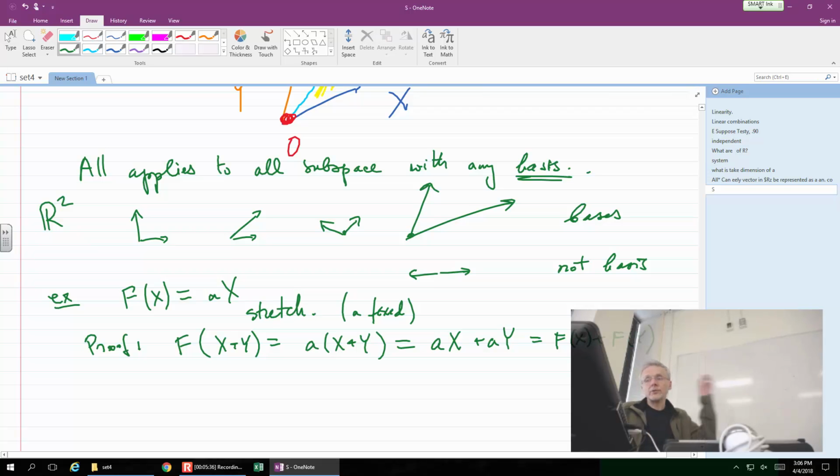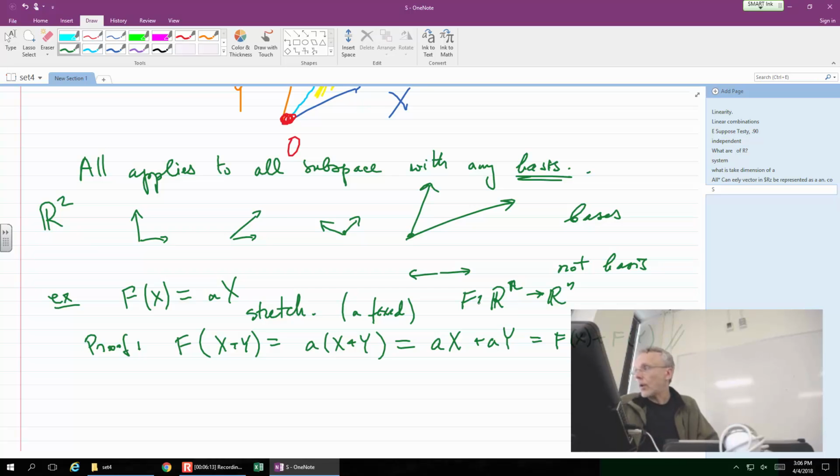Okay, so that shows that indeed this is linear, at least it preserves addition. Okay, so there you go. You have a linear function in any dimension of any space. So this one is from Rn to Rn, any dimensional space or subspace, and we can prove that it's a linear operator without referring to bases. But we have to refer to the bases inevitably, because if we want to analyze it and say anything specific about them, we've got to go with the bases.